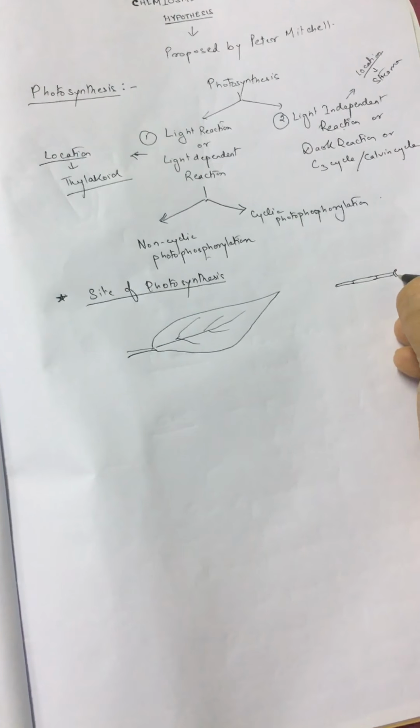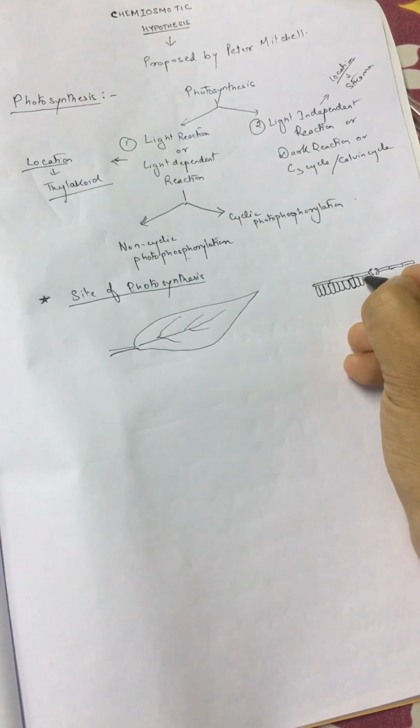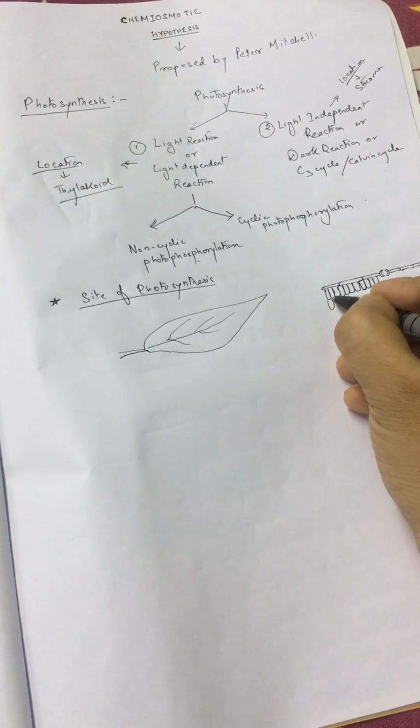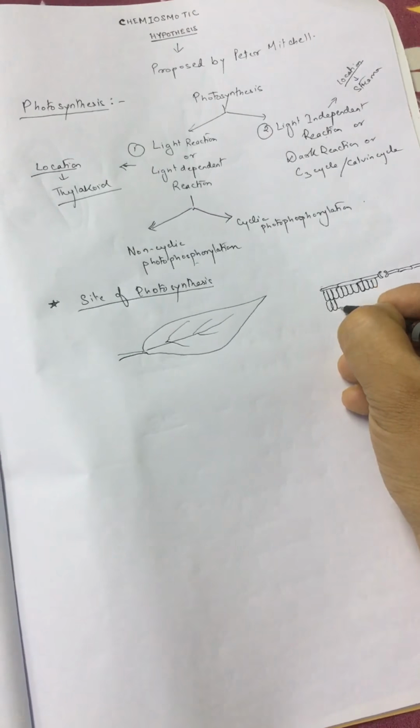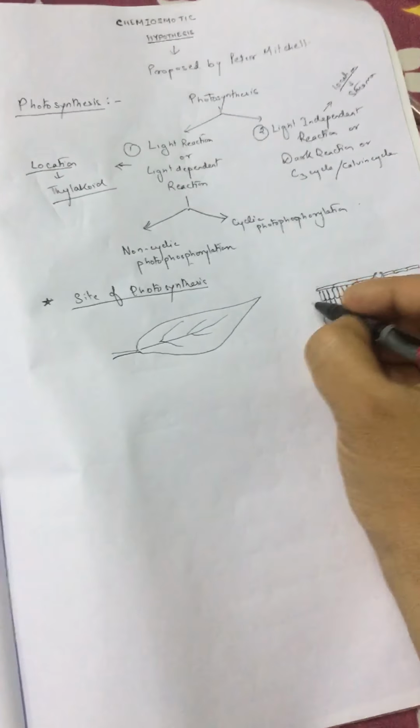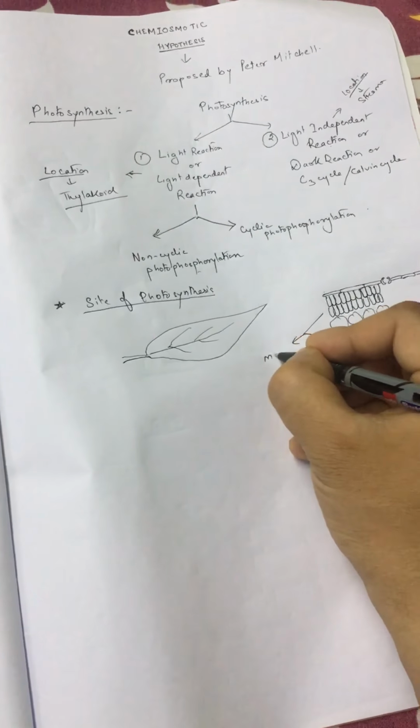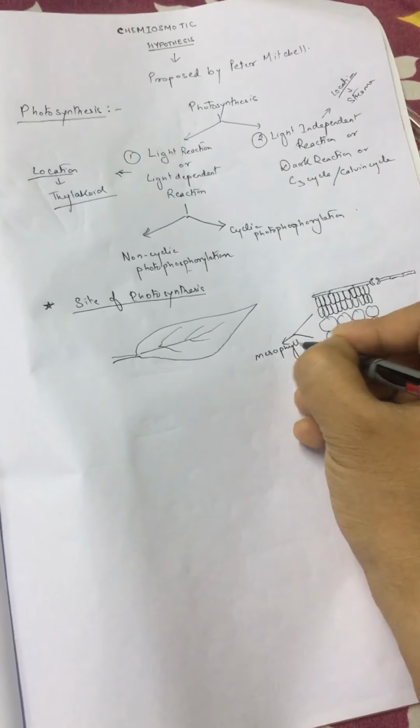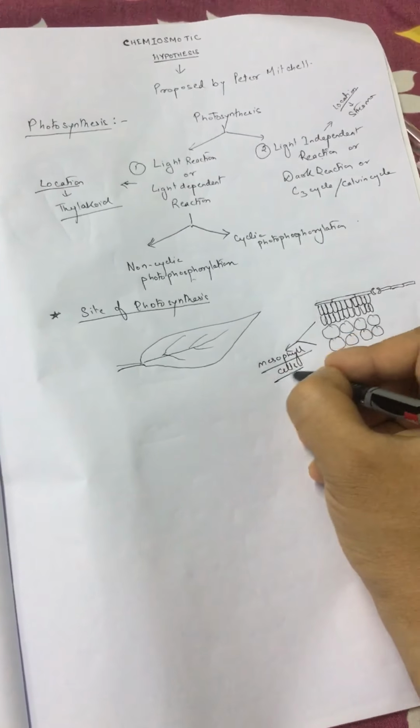Above this there will be a cuticular layer also. The next layer will be the mesophyll cells, where the first layer is called the palisade cell, which has no intercellular space, and the next layer will be the spongy cells having intercellular spaces. Both these layers are the mesophyll cells. So the site of photosynthesis is the mesophyll cells.